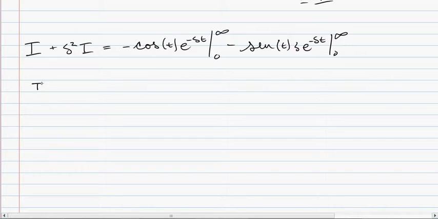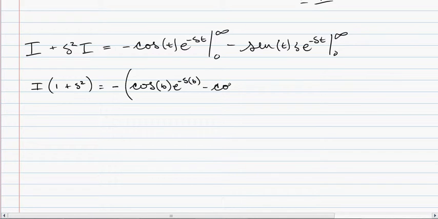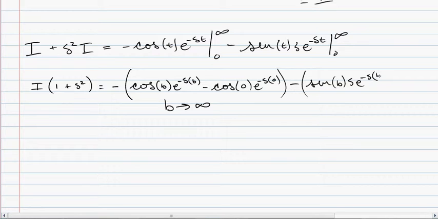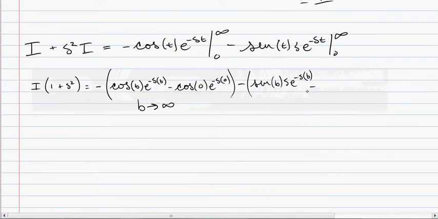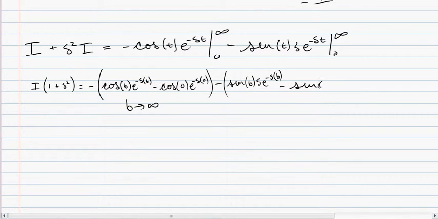So this over here is going to be I1 plus s squared is equal to negative cosine of b e to the negative s b minus cosine of 0 e to the negative s times 0 as b goes to infinity, minus, same thing over here, sine of b s e to the negative s b minus sine of 0 s e to the negative s 0 as b goes to infinity.